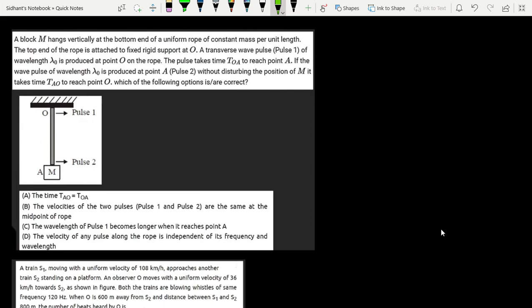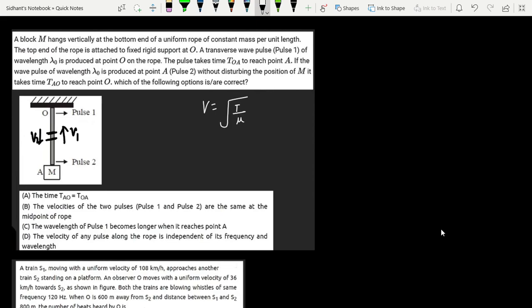And A option is correct because definitely the pulse that is going from A to O, even because of the differences in the tensions at each and every point, if I take out an element of this particular string, then the velocity of pulse 2 that is going upward, let that velocity be v1, will be the same as the velocity that is coming down, that is v2, because velocity is related to what? Under root T by mu, correct?